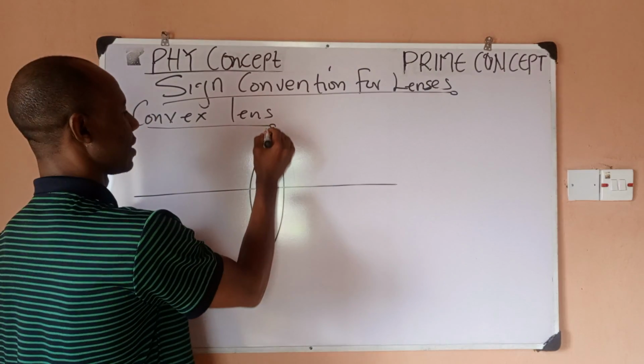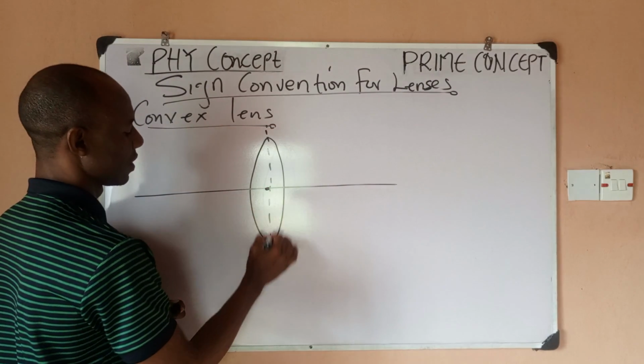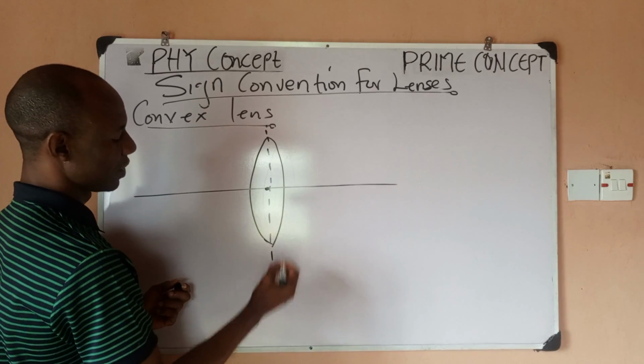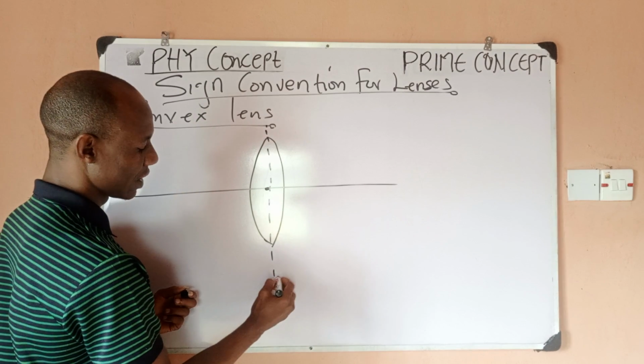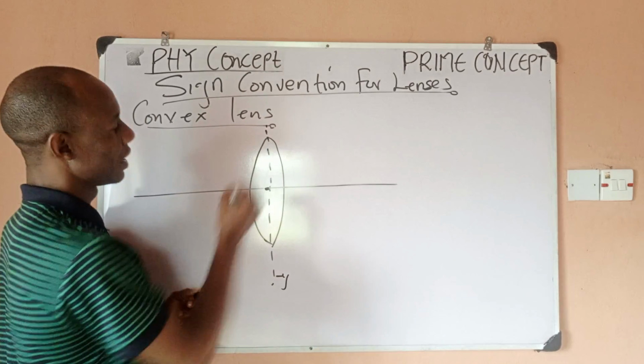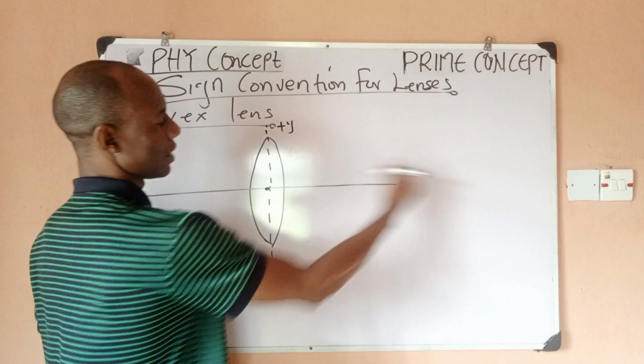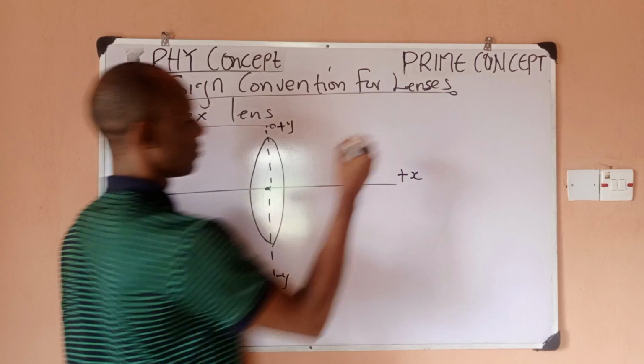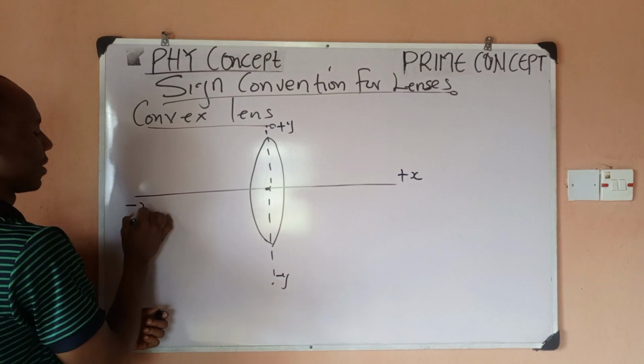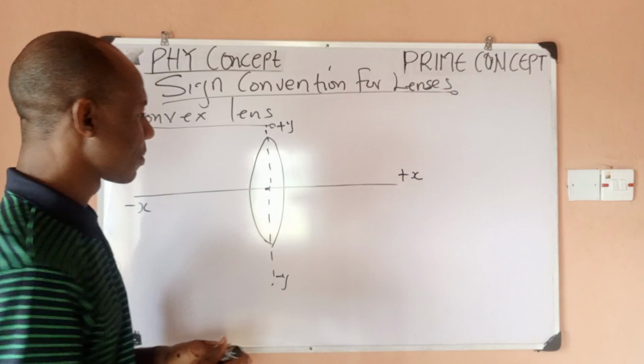Using our Cartesian coordinates, since this is the center, anything downwards is our negative y-axis, and anything upwards is our positive y. Anything here is on the positive x, and anything on this side is on the negative x.